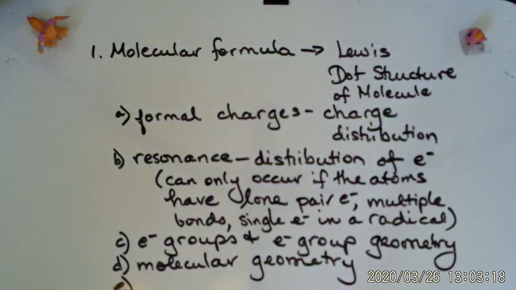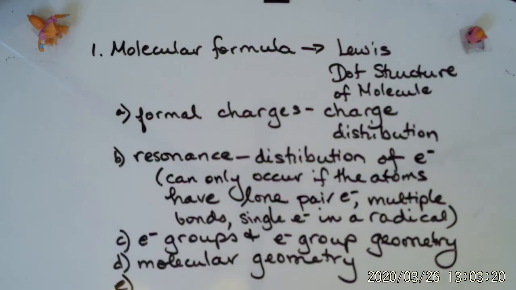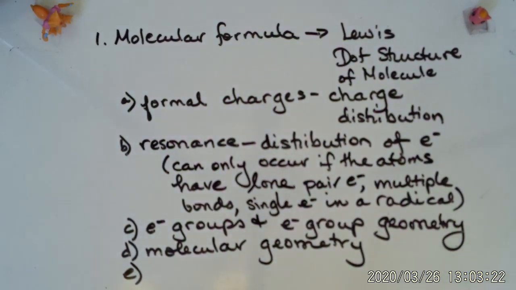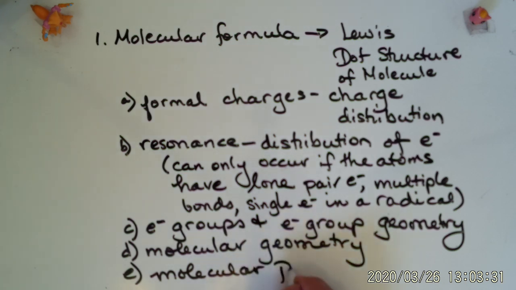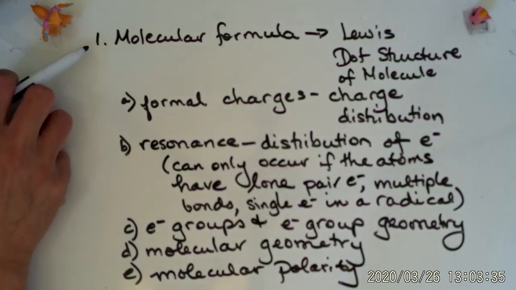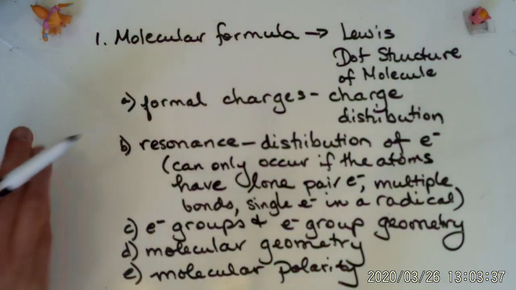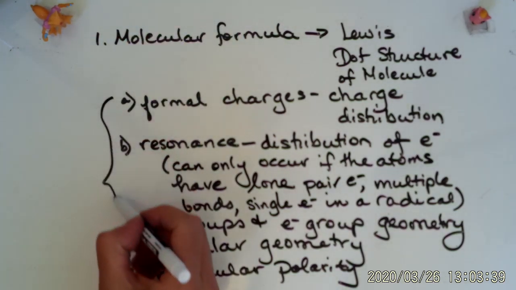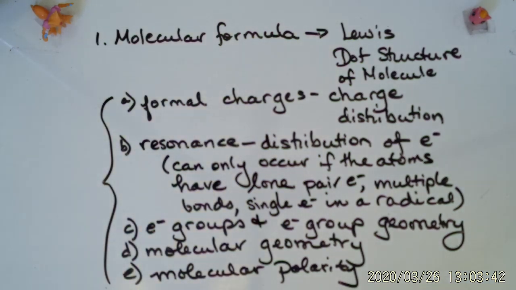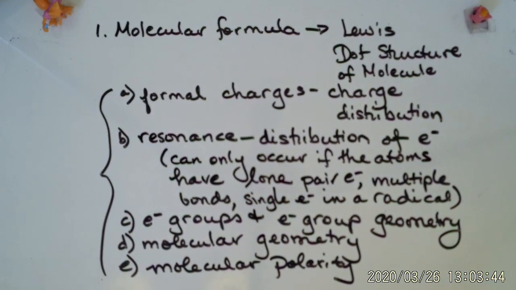And we didn't talk about it for ozone because ozone didn't have any. We can talk about molecular polarity. So this is all we can get from the molecular formula and a structure. This is all the information you can actually get from a single structure. All right, let's do 2 more examples.